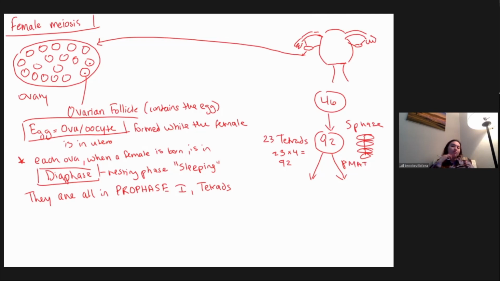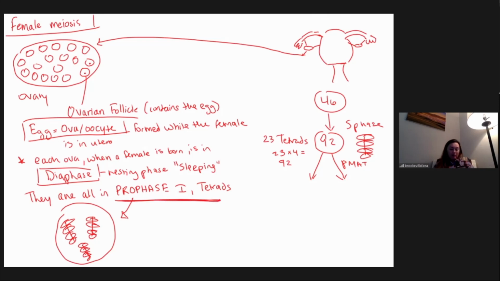But they haven't finished prophase, metaphase, anaphase, telophase 1. They're just sitting there in prophase 1, and everybody's just resting, right, in prophase 1. Does that make sense? So every egg, when a female is born, is resting or asleep in prophase 1 as tetrads.